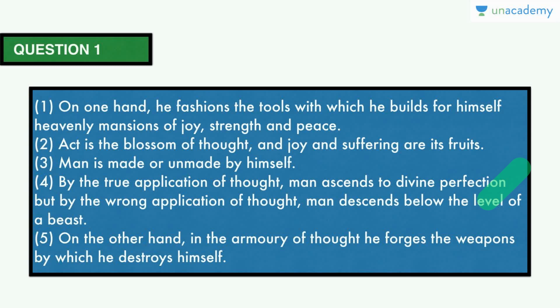I think sentence 2 will be the excluded one, because sentence 4 is taking forward the contrast which is shown by sentence 1, 5. The 1 5 sequence is being concluded very beautifully by sentence 4, is it not? On one hand, he fashions the tools with which he builds for himself heavenly mansions.